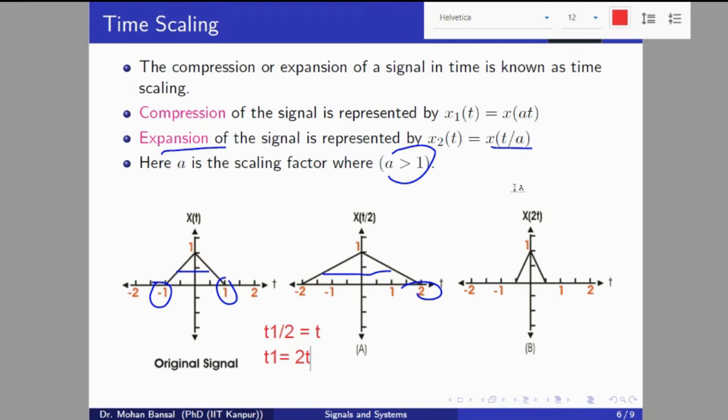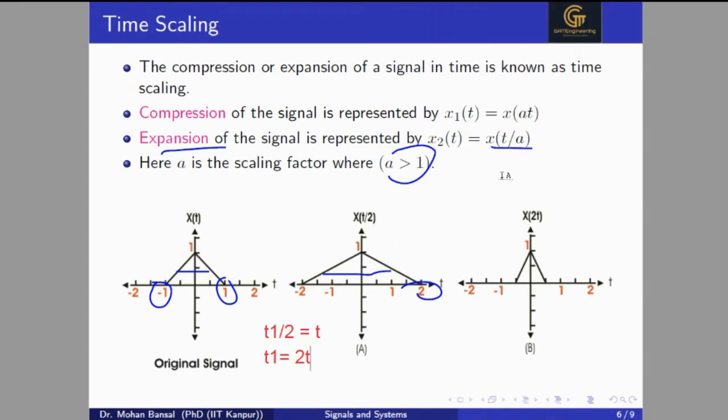In the same way, x2(t) is the representation for compression. Compression means reducing the width. In the compression, signal width will reduce by a factor of 2. If we write 2 t1 is equal to t, we will get t1 is equal to t divided by 2.